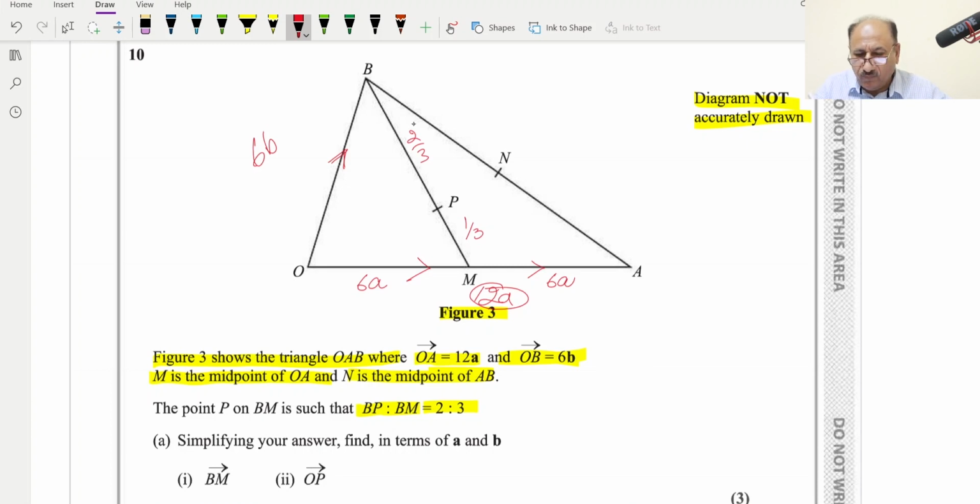Our target is to calculate BM, which will be this direction. So BM we can find easily.